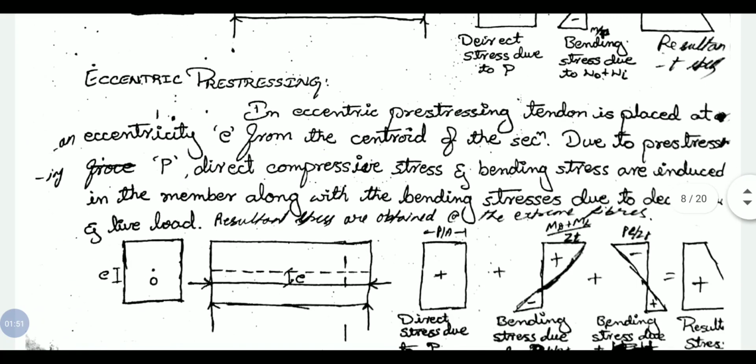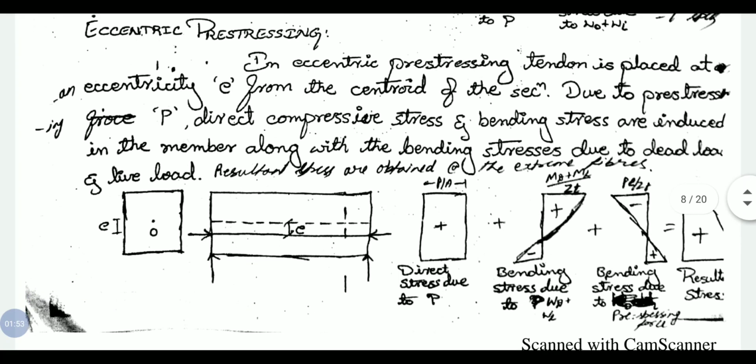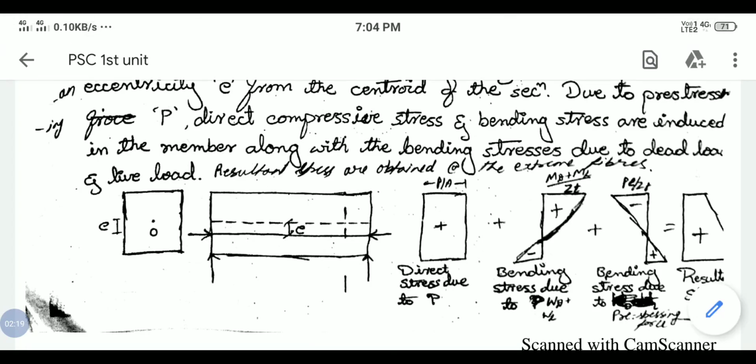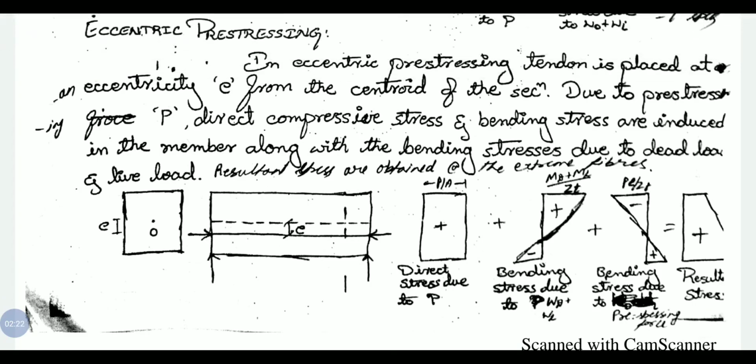The next case is eccentric prestressing. Here the tendon is provided below the centroidal axis or neutral axis of the section. In this case, along with the direct compressive stress developed by the prestressing force and bending stress due to dead load and live load, since we have eccentricity, bending stress due to prestressing force also develops.